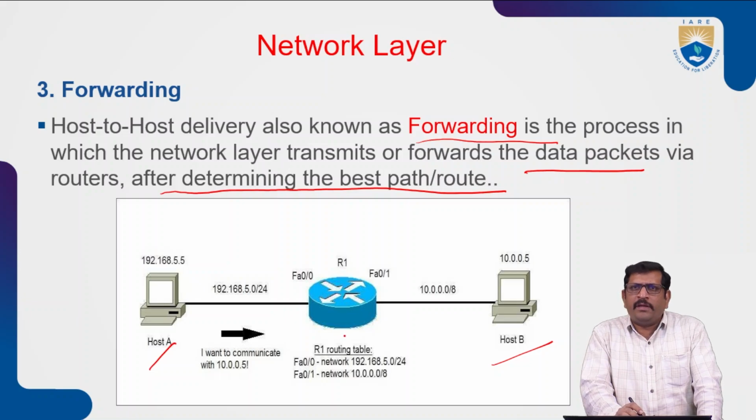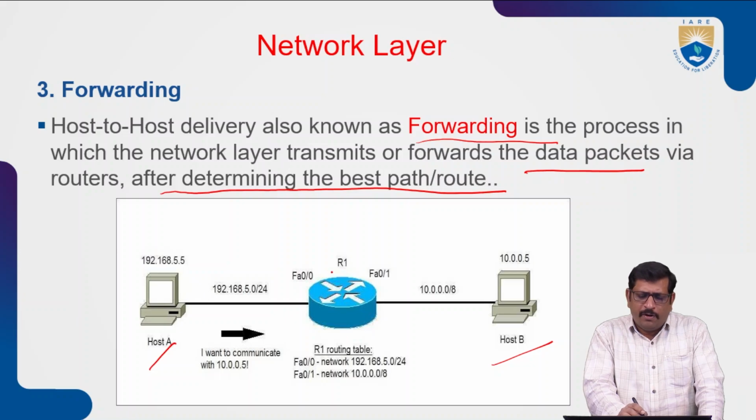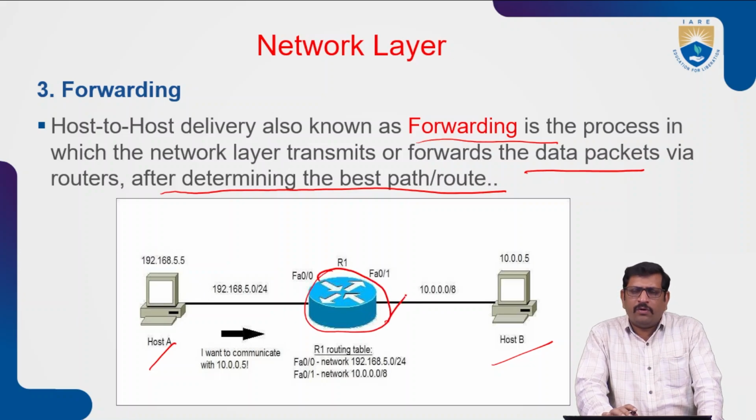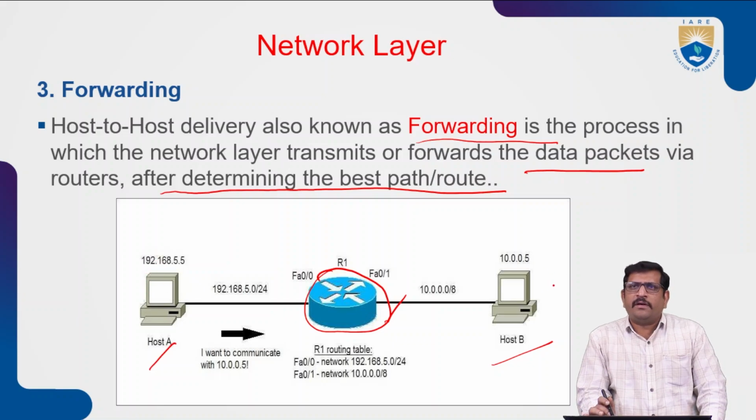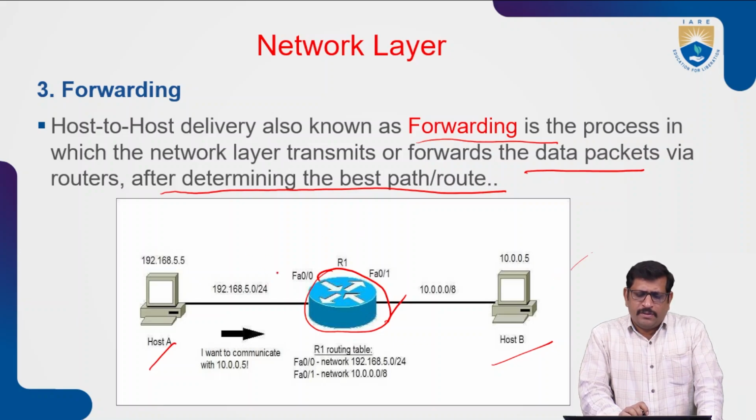Two networks can be connected with the help of routers, and the packets are forwarded via the routers. This is the IP address of host A, and this is the IP address of host B, and the routers are forwarding.